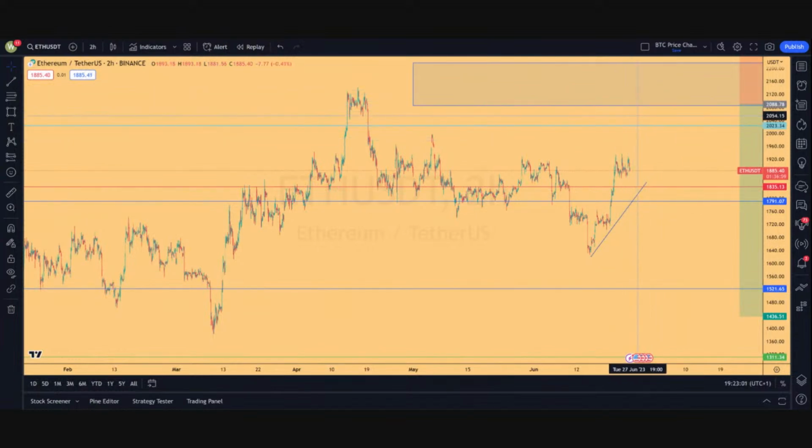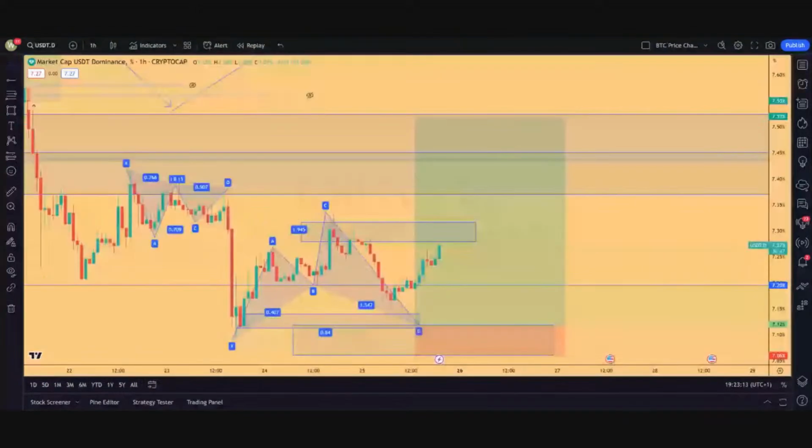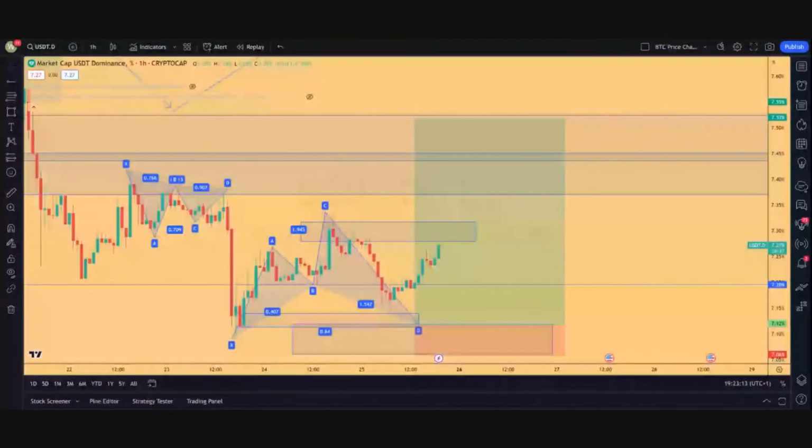But for the meantime, the market is flowing with what Bitcoin is saying, and Bitcoin is responding to what the USDT dominance is doing as well. So the first thing we looked at was USDT dominance, and then we looked at other trade opportunities and assets like that. We also looked at BTC, and we looked at Ethereum.